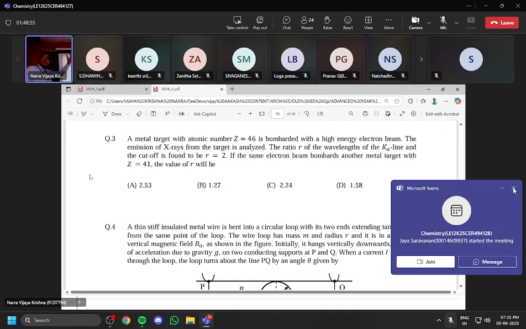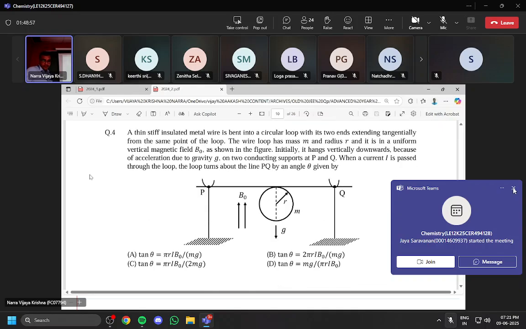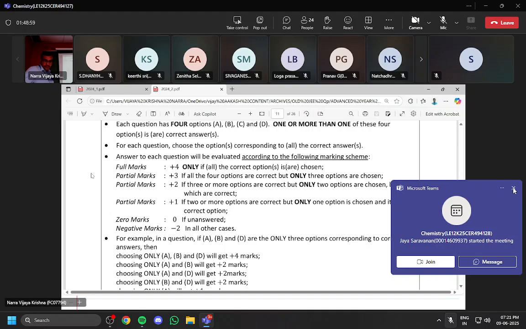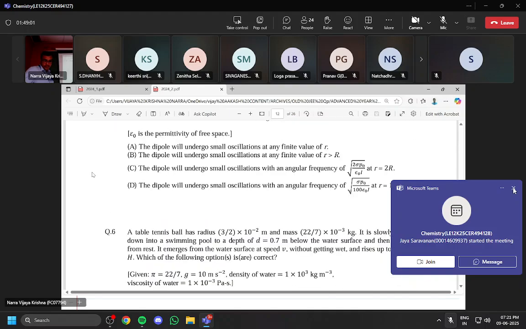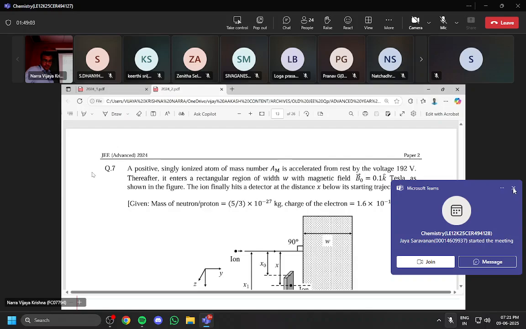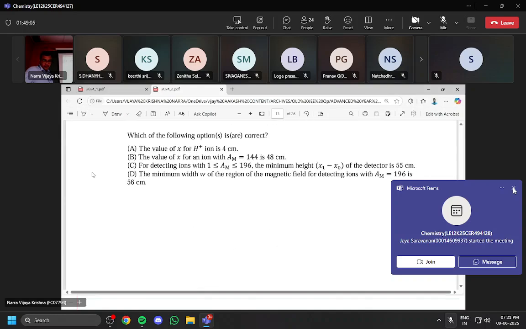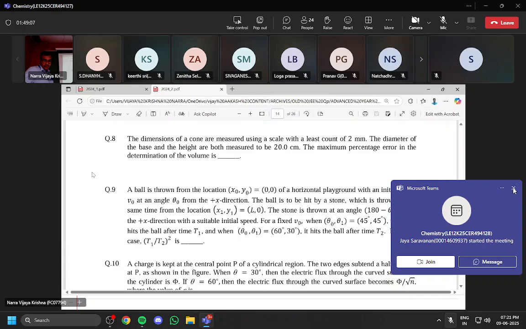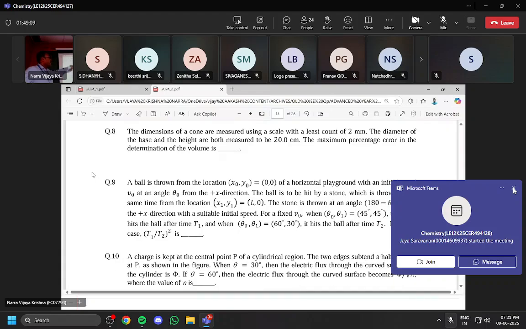Alpha lines, beta lines. Again, what is it? How many times they are giving? Almost every year in every paper they are giving one question for dimension analysis, units and dimensions.